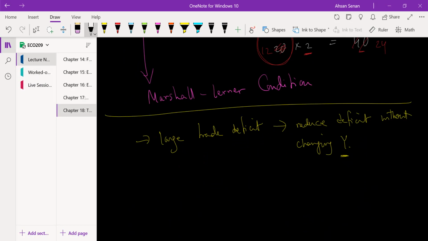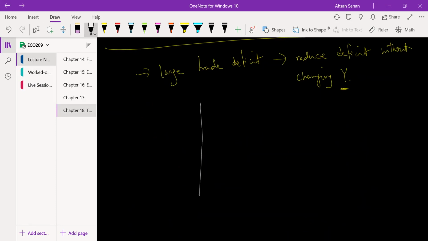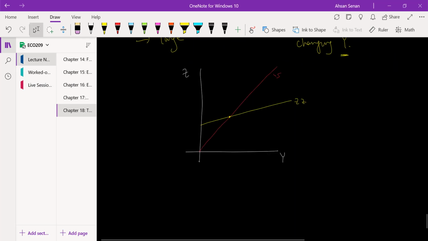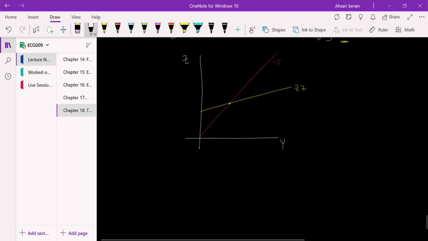How might we do that? Let's take a look at that graphically. Okay, so we have Y here, and we have Z here. We have the 45-degree line. What else do we have? Suppose this is our Z set. Okay, we are at this point initially, and so the country has a large trade deficit. So let's draw that.